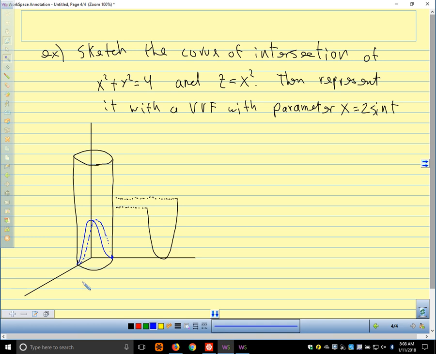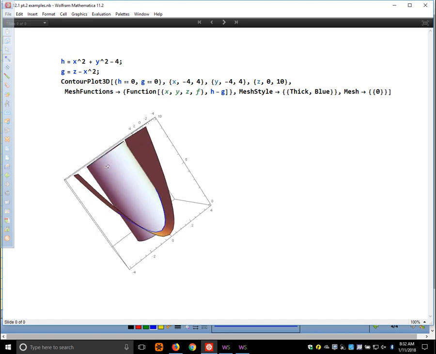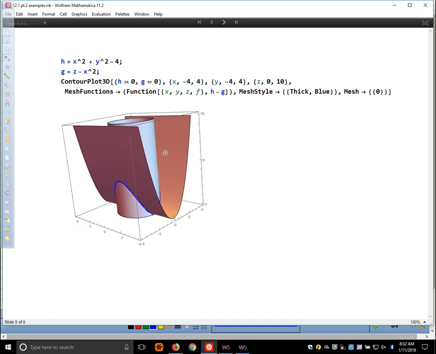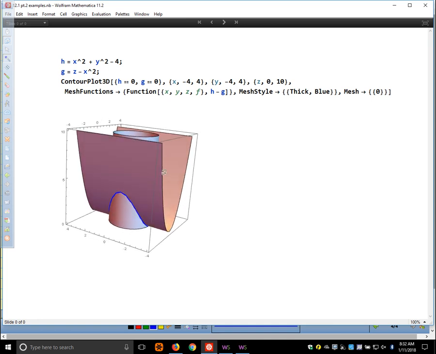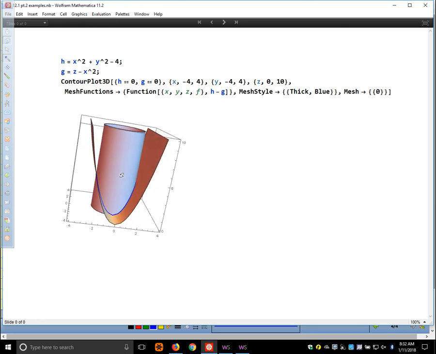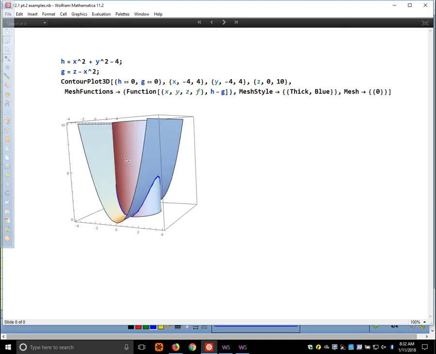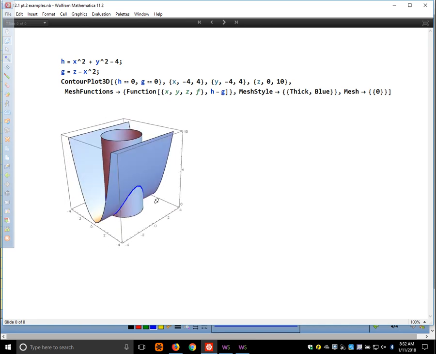And then since I got Mathematica, I did a Mathematica version. So there's the circular cylinder, and the parabolic cylinder cutting through it. The curve is the blue curve there. So there's our curve.